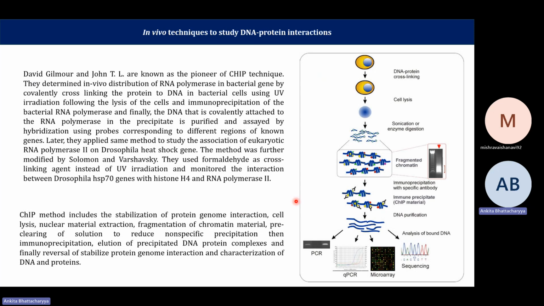This is followed by cell lysis, extracting the nuclear material, fragmenting it, and pre-clearing the solution to remove any non-specific precipitation that might have occurred. Finally, you elute the DNA-protein complexes and digest the protein to get the DNA molecule. Whether or not you digest the protein depends upon your objective.